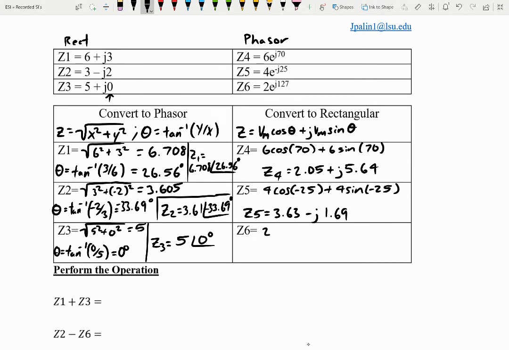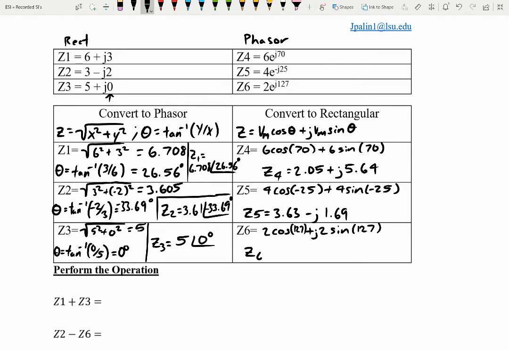Then z6 will just be 2 cosine theta plus j 2 sine theta, with theta 127 degrees.